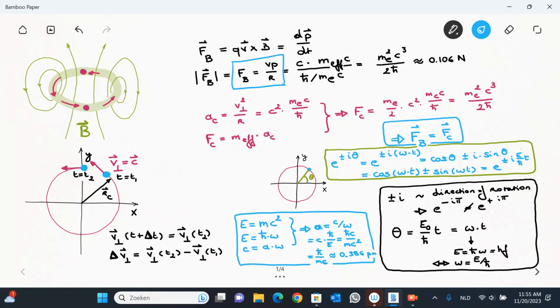I'm not going to derive that equation for the magnitude of the magnetic force in detail. You can find it in Feynman's lectures or in any standard textbook.